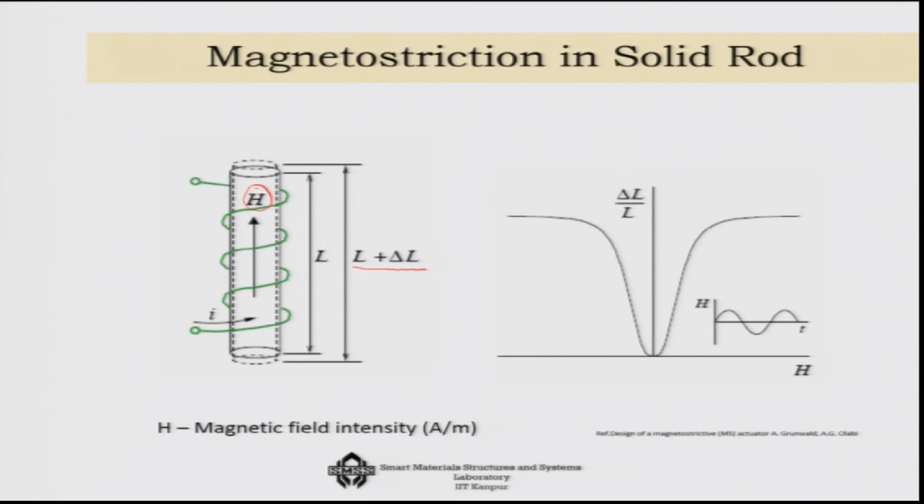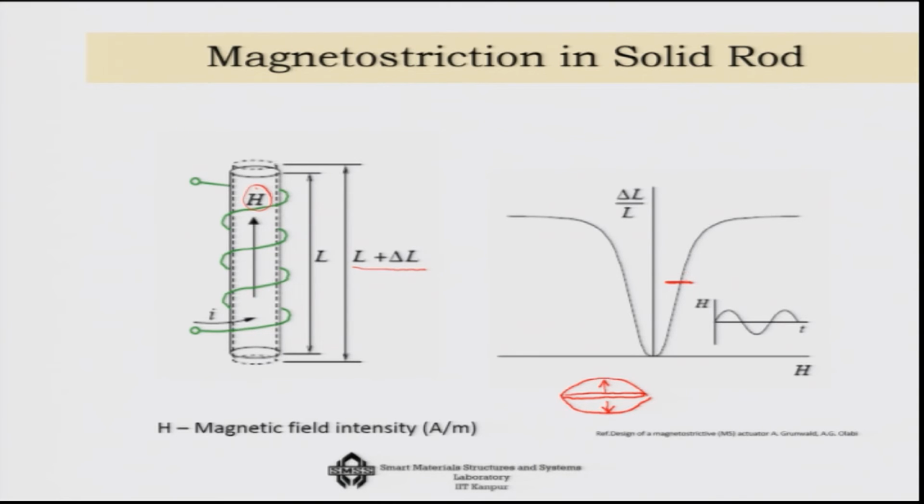That means if something only expands, you cannot get, like in that earlier example, both positive and negative displacement, that means tension and compression, from a system. How can you get it if it only expands? You cannot get it, right. So, in order to get that, we apply a bias magnetic field.